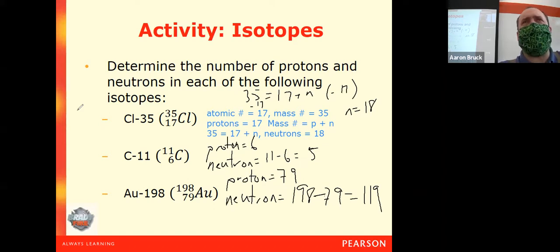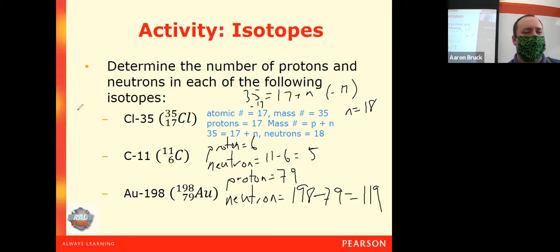How many electrons are in each one of these? So how many electrons in chlorine 35? It would be 17. Now, if you're thinking 35, you're on the right track. You just picked the wrong number.